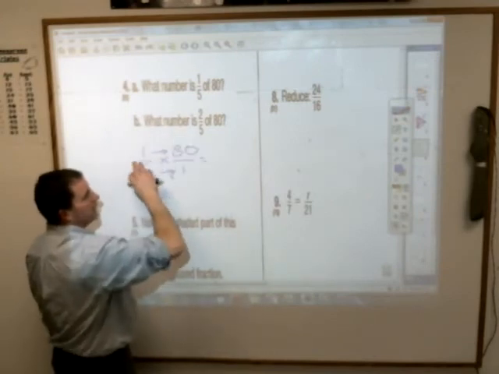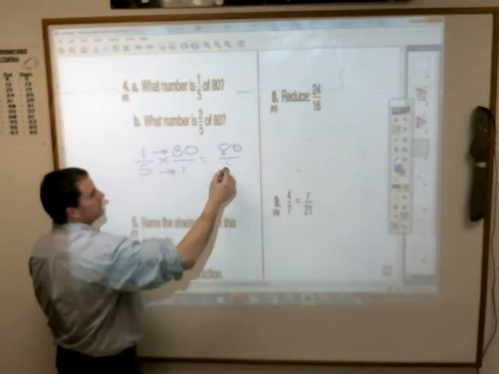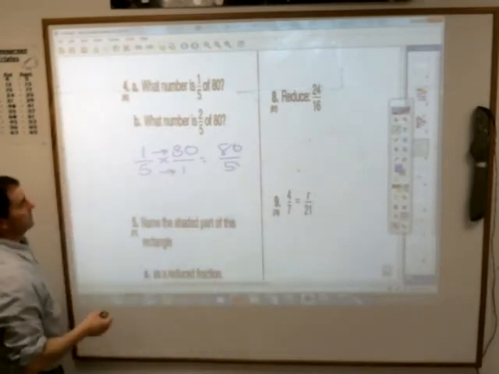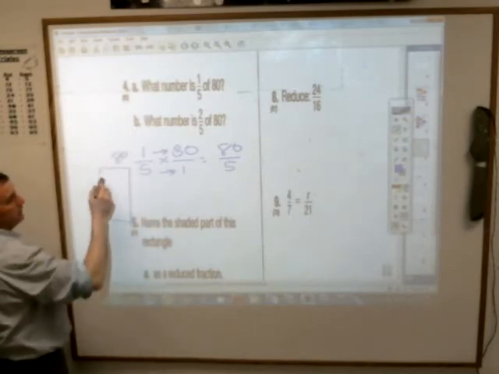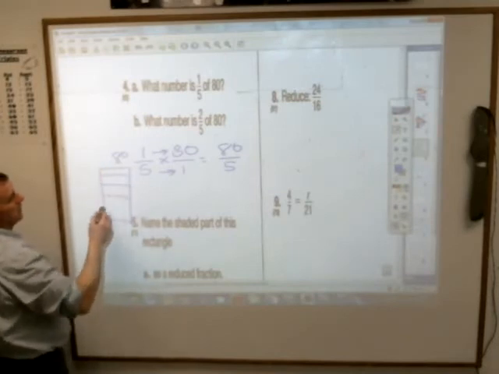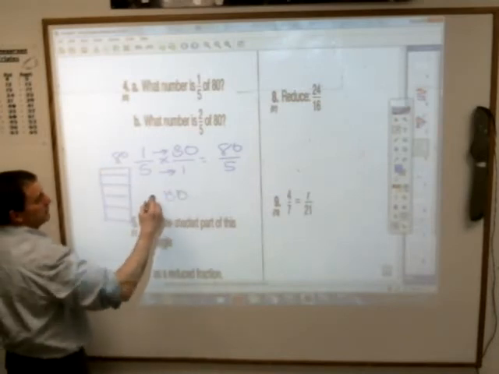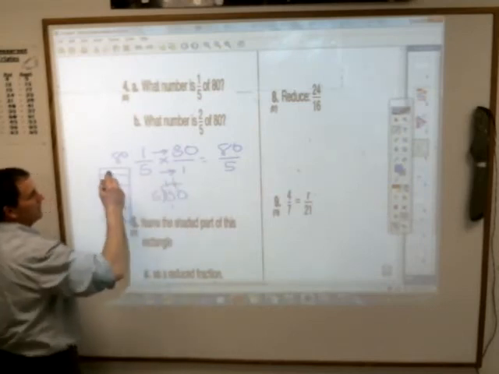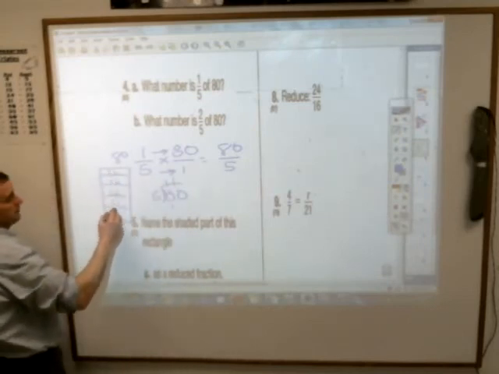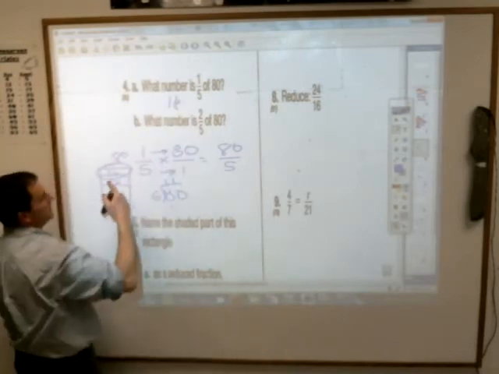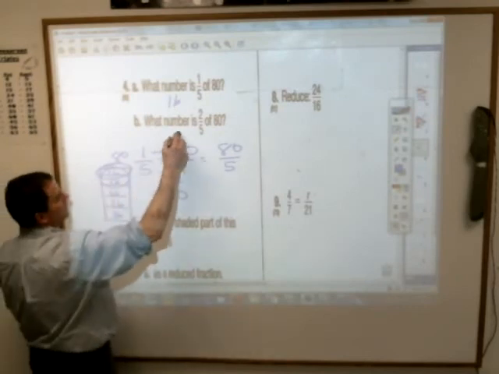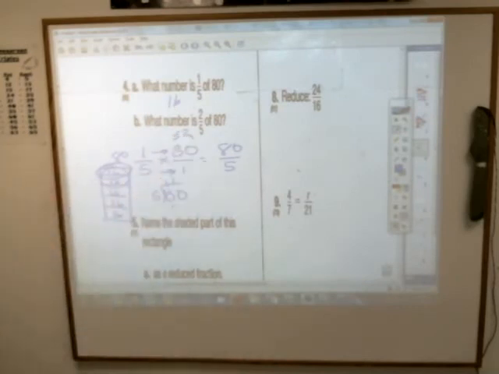Well, just know that you multiply. 1 times 80 is 80, 5 times 1 is 5. You could break it into a box. The box stands for 80. You're cutting 80 into 5 equal pieces. That's dividing 80 by 5, and you end up with 16 in each box. So 1/5 is 16 for letter A. Letter B says what's 2/5? You put 2 of them together, you get 32. So the answer for A is 16, the answer for B is 32.